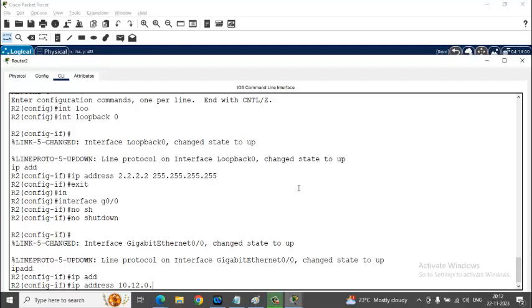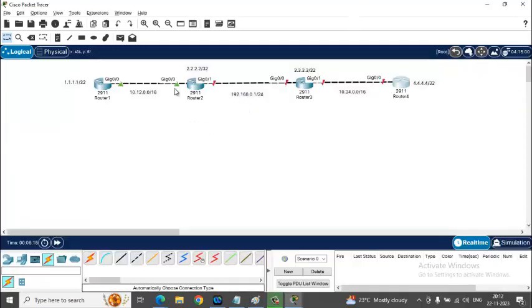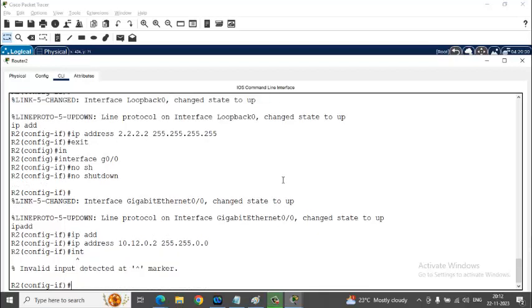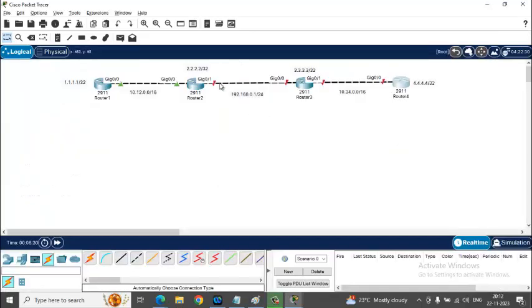As I said, on router 2, all the host portion will be .2. On router 3, all the host portion will be .3. Okay, let's verify this now. Show ip interface brief. You can see this one and this one and this one. The reason this one is down is the router 3 is still not configured.